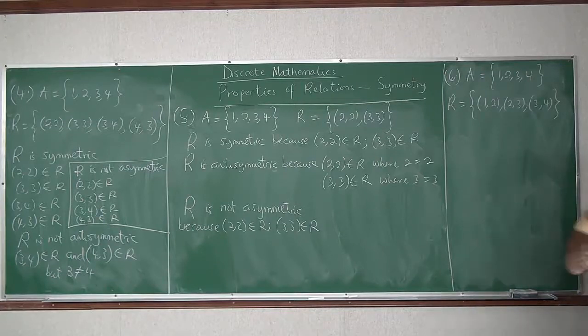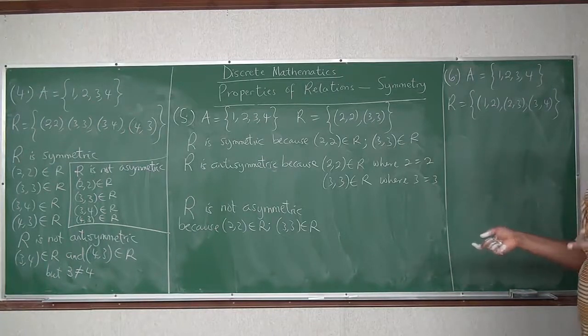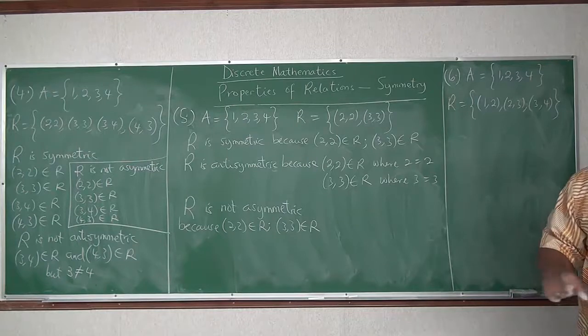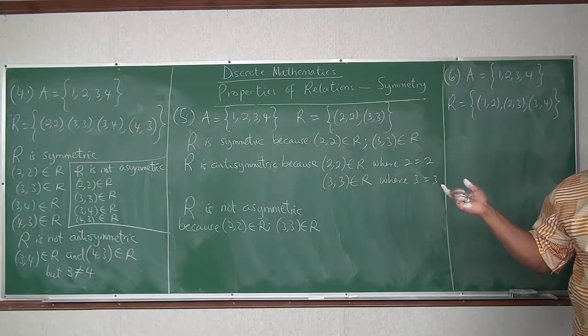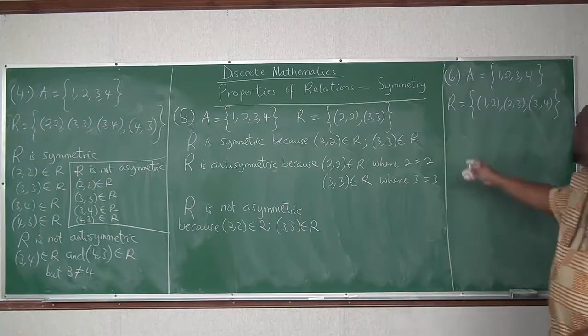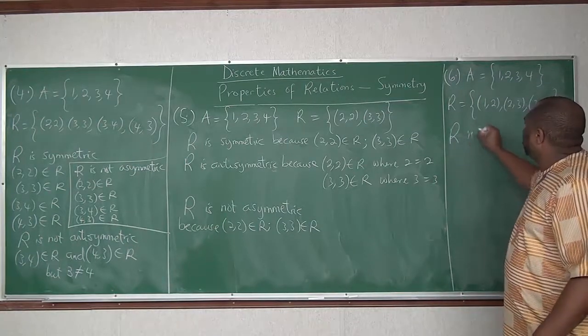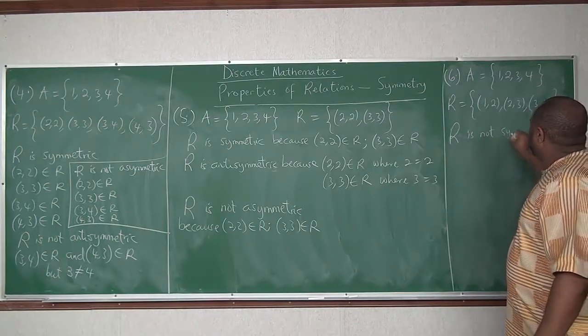So we have (1, 2), we don't have (2, 1). We have (2, 3), we don't have (3, 2). We have (3, 4), we don't have (4, 3). So R is not symmetric.